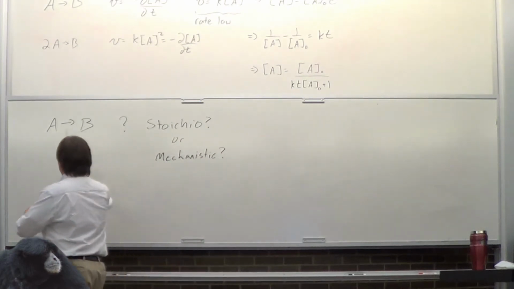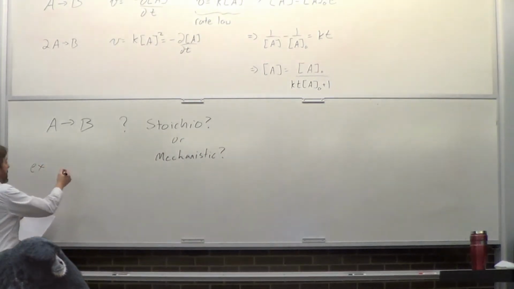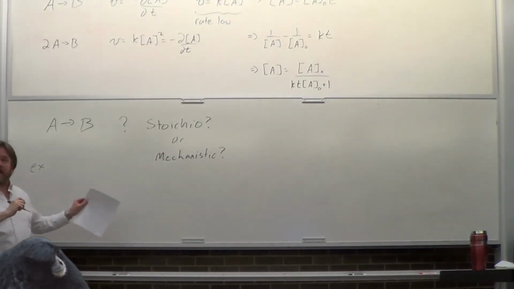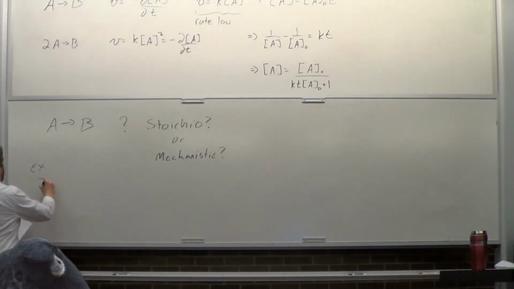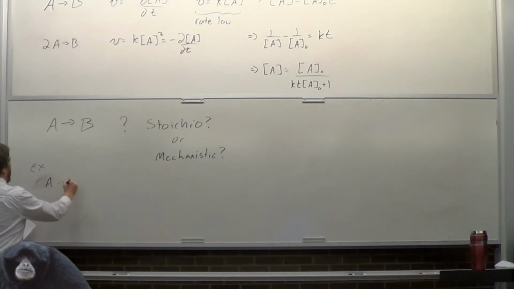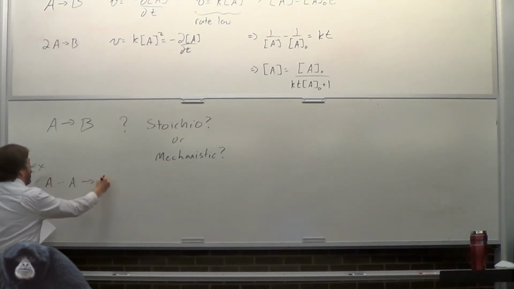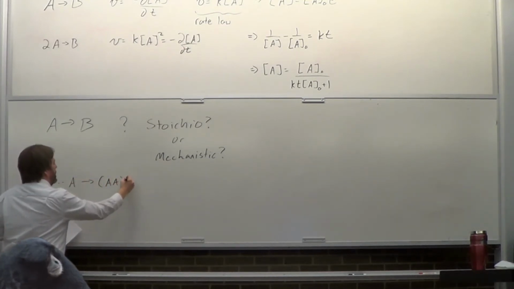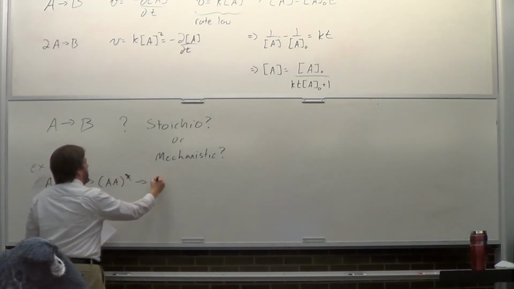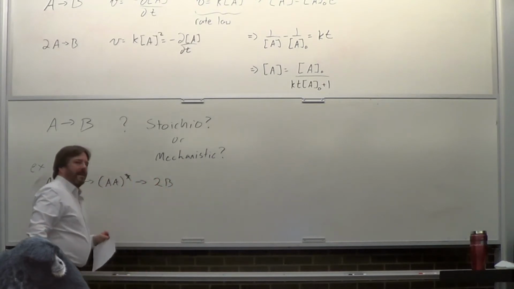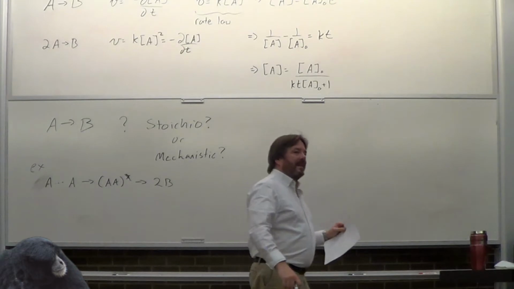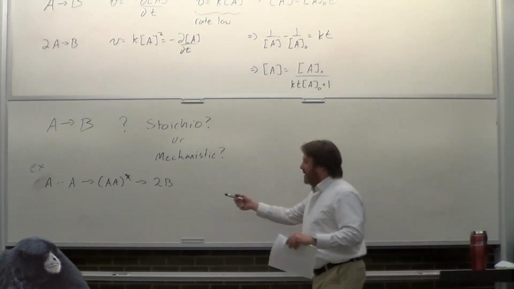Let me give you an example where this fails, where this is stoichiometric and not mechanistic. What if it works like this? Sorry, let me be more mechanistic-like. A meets A to form a complex that then turns into two B's. This is the mechanistic.